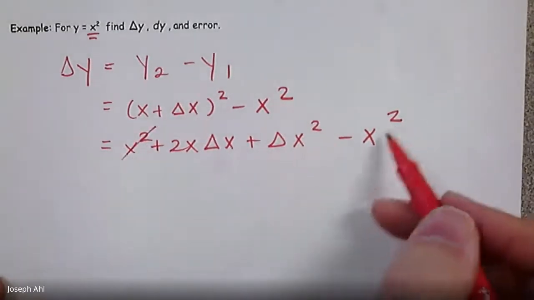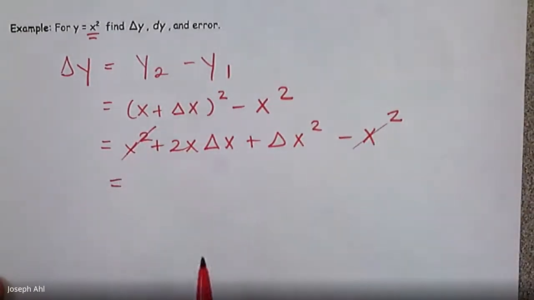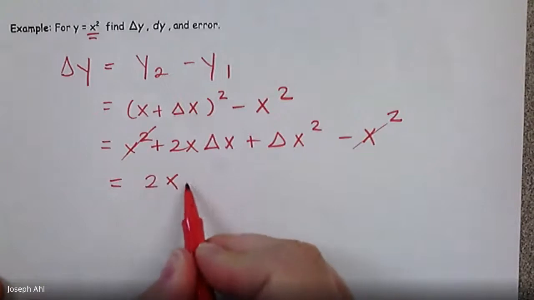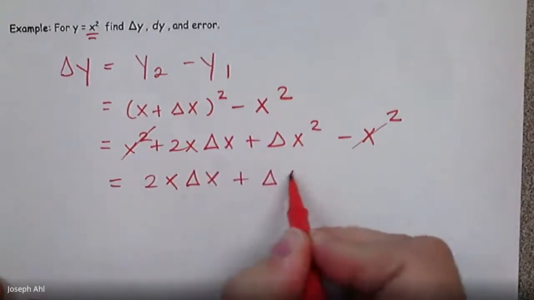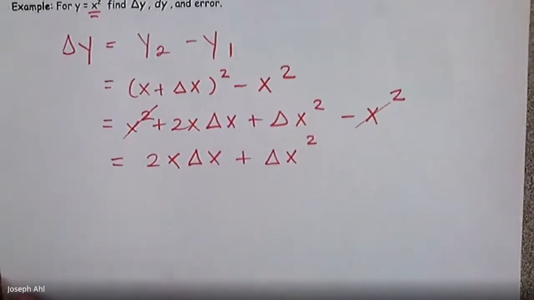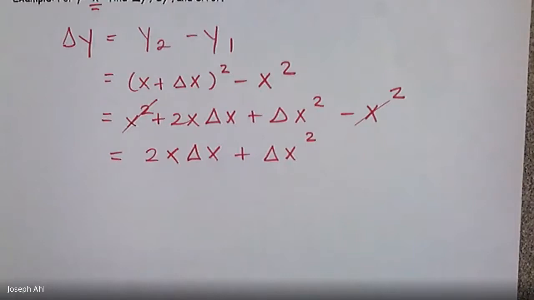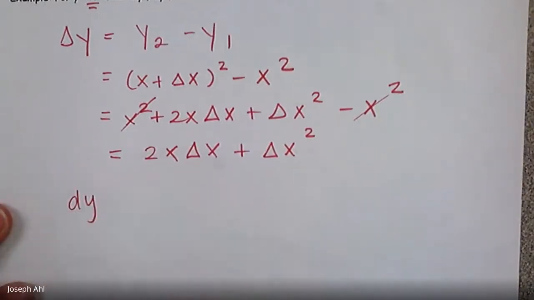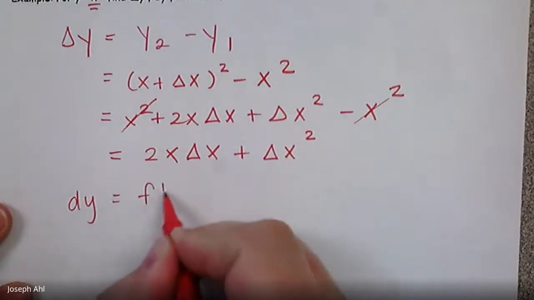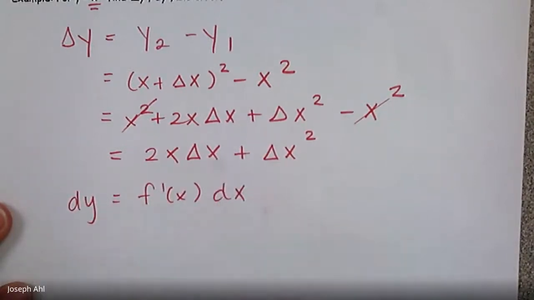Therefore, x squared minus x squared cancel, and we get that delta y is equal to 2x delta x plus delta x squared. All right, from there, we found delta y. Next thing is dy. And dy, remember, is the same thing as f prime of x dx.